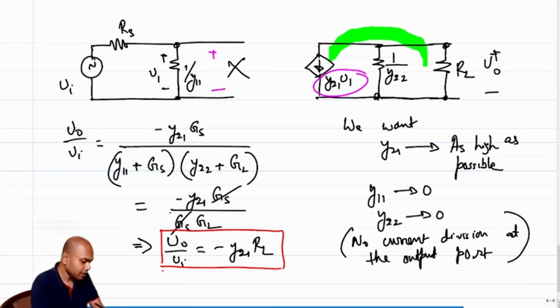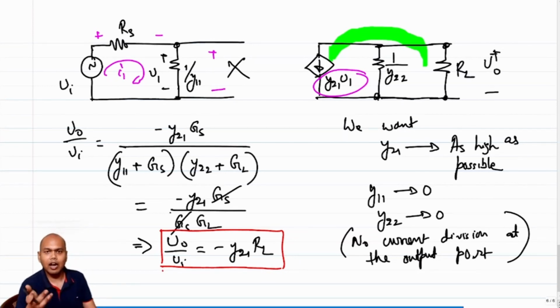Because ultimately, if you have a finite resistance at the input port, there will be a finite current, and the moment you have a finite current, you will have a finite drop across RS, and V1 will not be equal to Vi. Ultimately, the maximum value of V1 is Vi, and that can only be possible if there is no input current, or in other words, you have infinite input impedance.